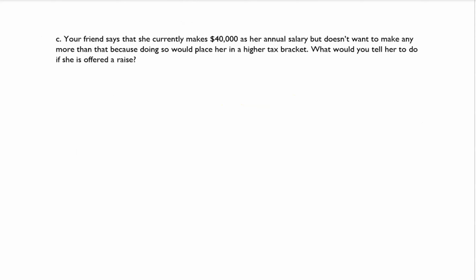The last part of this example says, your friend says that she currently makes $40,000 as her annual salary, but doesn't want to make any more than that because doing so would place her in a higher tax bracket. What would you tell her to do if she is offered a raise?